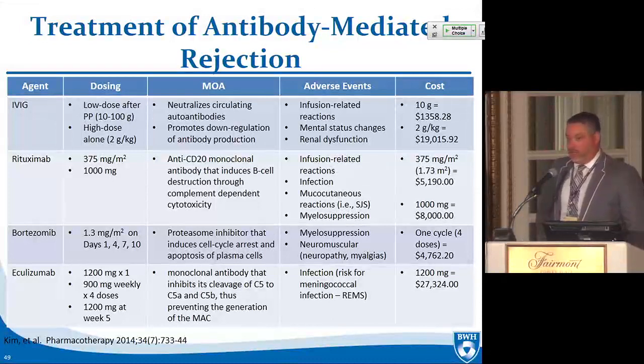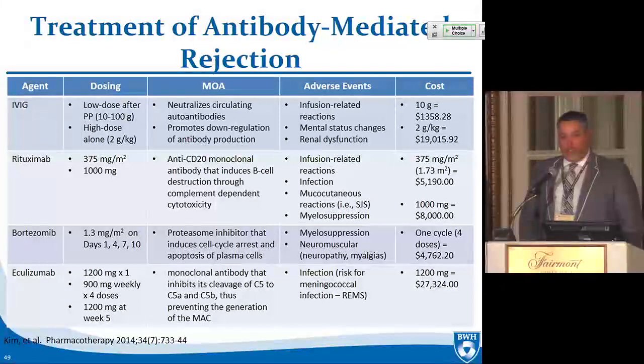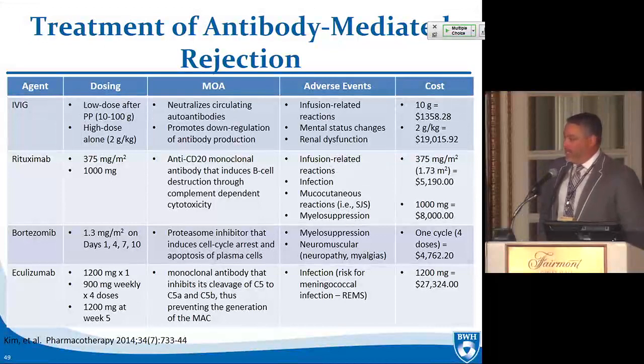One thing that you'll notice is that these drugs are ridiculously expensive. So a 2 gram per kilogram dose of IVIG will run you about $20,000. A single dose of eculizumab at 1,200 milligrams will run you about $27,000. And so you need to use these drugs judiciously.